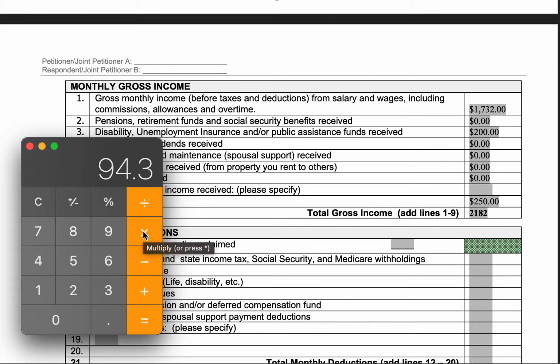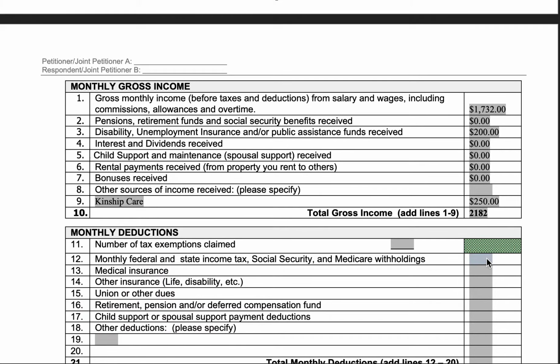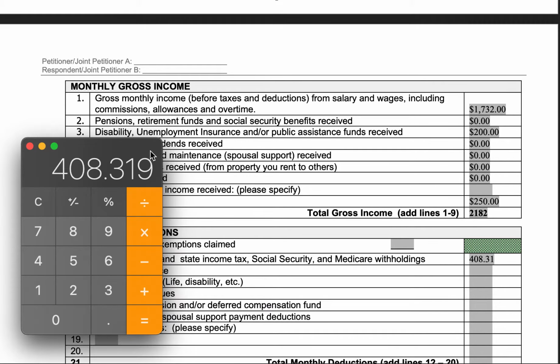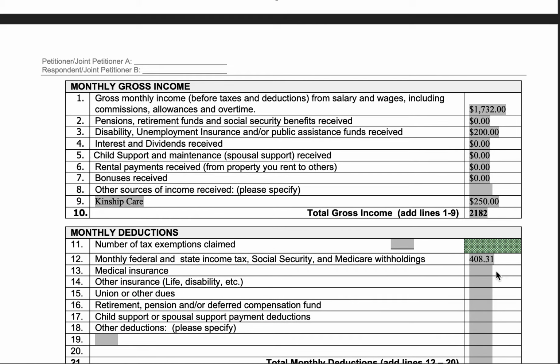And then again, I do have to multiply it by 4.33 because I want to end up with that monthly number. So we end up with 408.31. And for what it's worth, at the Justice Center, we just do a straight cutoff rather than rounding. But if you really want to round up or down, depending on what the number indicates, that's okay. It's really a matter of preference there.